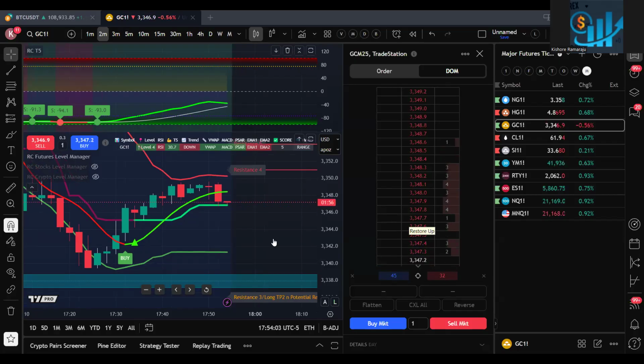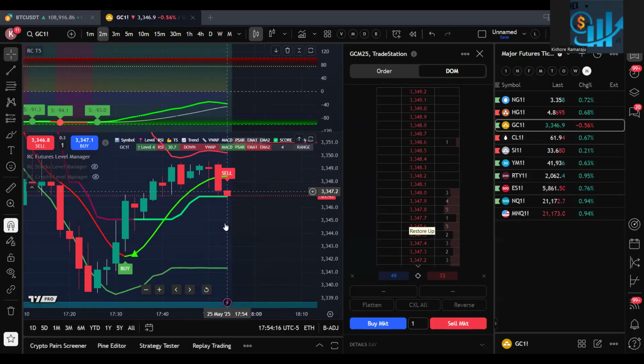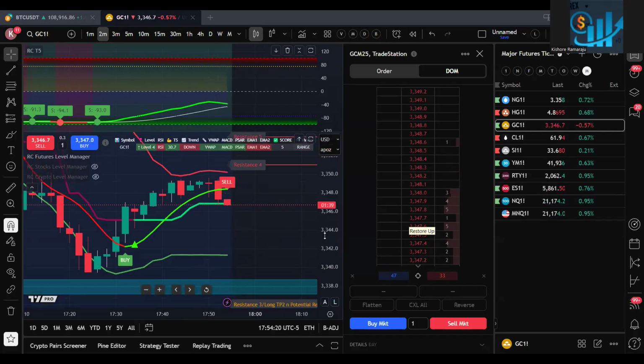Or if it drops below this green line, then that's a confirmation for us. Right? If it is above the green line, that means it is bullish. But if it drops, the score is 5. We have to wait for the candle close.